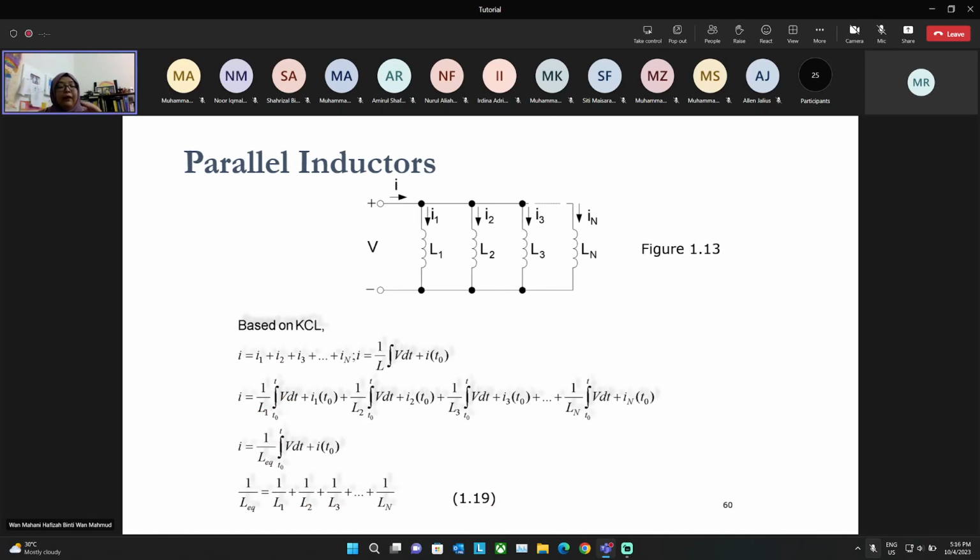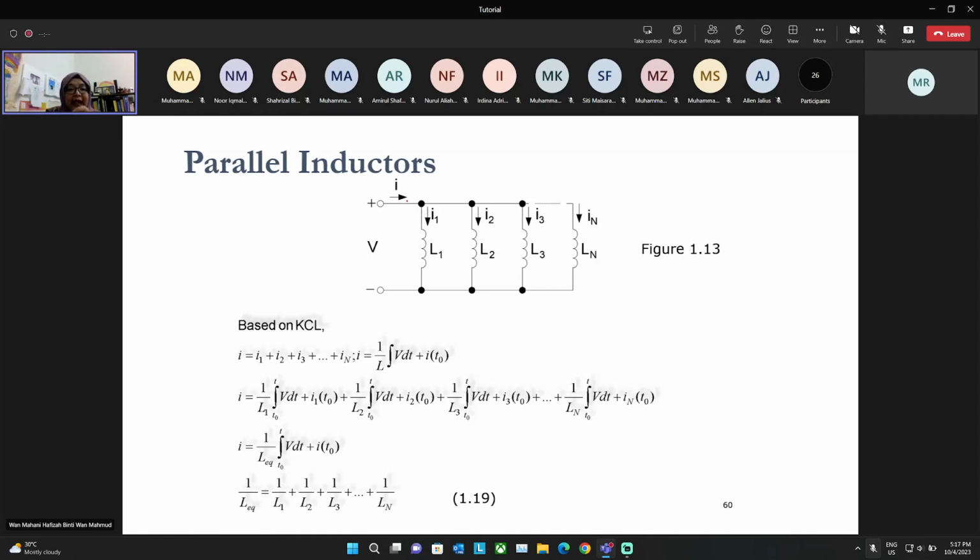So comparing with the parallel inductor, let's say you have a circuit with few inductors in parallel. So when it is in parallel, the voltage across L1, L2, L3 dan Ln adalah voltage value yang sama, V. Okay, yang berubah adalah current. Current that flows through each branch is different.